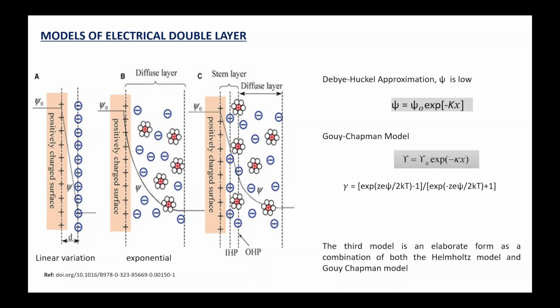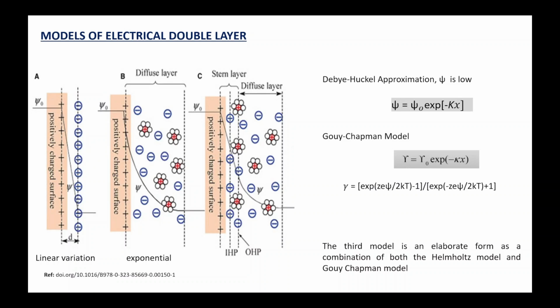After your Stern layer, you have your diffusive layer, just like in this case. And after the diffusive layer, since the effect of the surface is not very prominent after a certain distance, it will be just the bulk, without much of a potential.